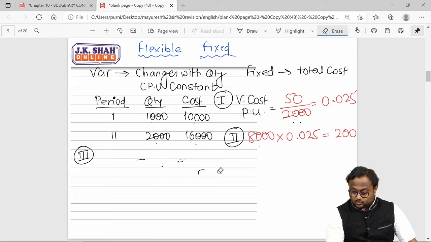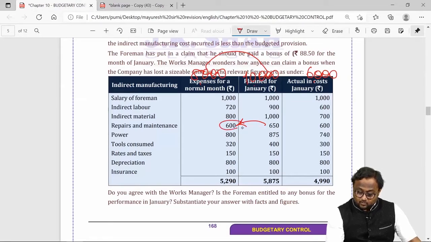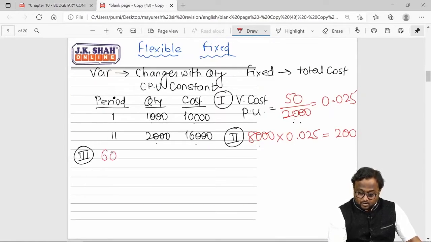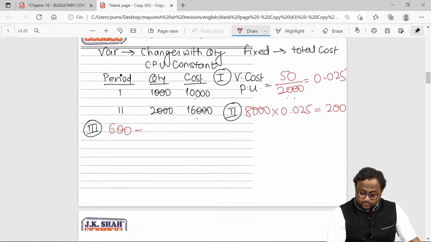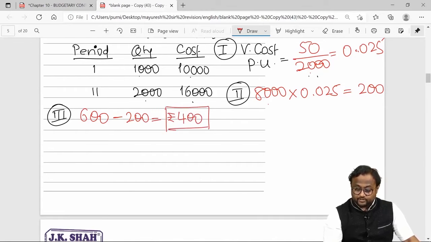Tell me how much was my total cost at 8000. Since I have considered 8000 as a base, my total cost at 8000 was 600. Out of 600, if 200 is known to be the variable portion, 400 has to be fixed.